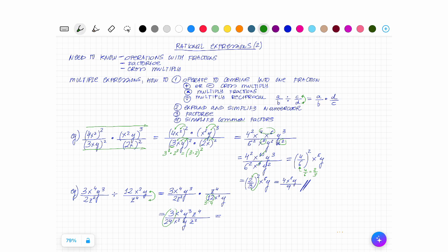and then it's a matter of simplifying numbers and working with the exponents. So 3 over 24, that's going to be 1/8, and then I'm left with x squared y squared z squared.